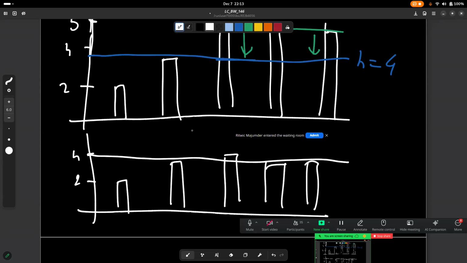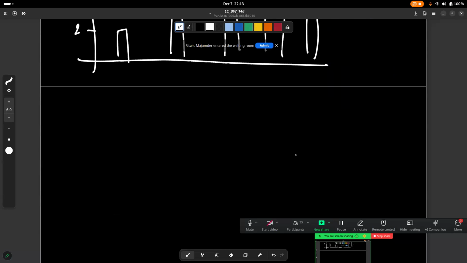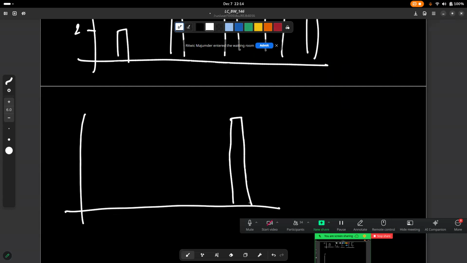Basically, what our operation permits us to do is take a cutoff value of h. If this is our array, take a cutoff value h, like this is the h value, and bring down every element which is greater than h, which is above this line, all the way down to this line.